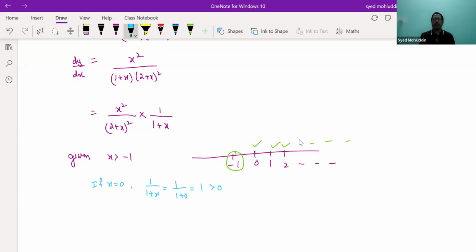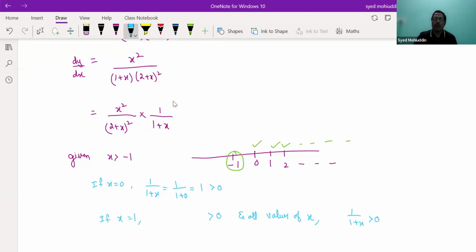For the first value that you are starting with, x is equal to 0 only because x is greater than minus 1. And if you are taking all the values of x greater than this one, if x is equal to 1, in that case also, this value will be greater than 0. And subsequently for all values of x, this value 1 plus x will be greater than 0.